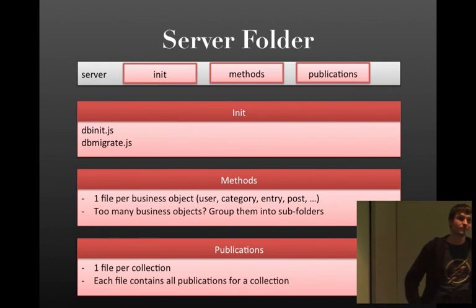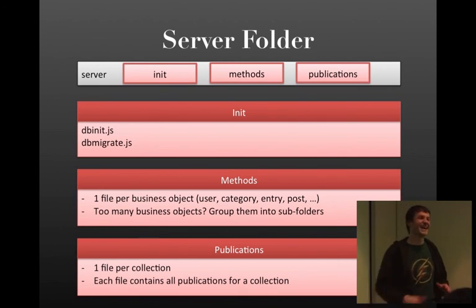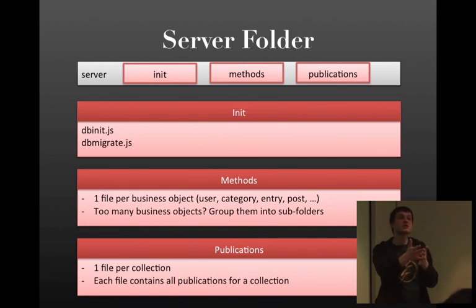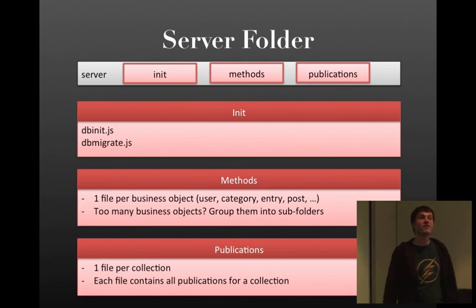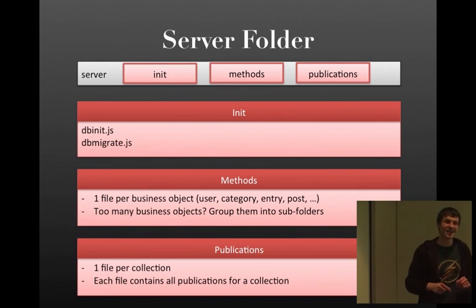And you can have more than one publication for a collection. Yeah, of course. So imagine the case: you have a list of 500 blog articles. Obviously you could publish all 500 blog articles, but that means the user accesses your website and has to download all 500. In the production system that I'm running at the moment, we have a database of 3 or 4 megs, and you don't want to download it every single time you access the page.